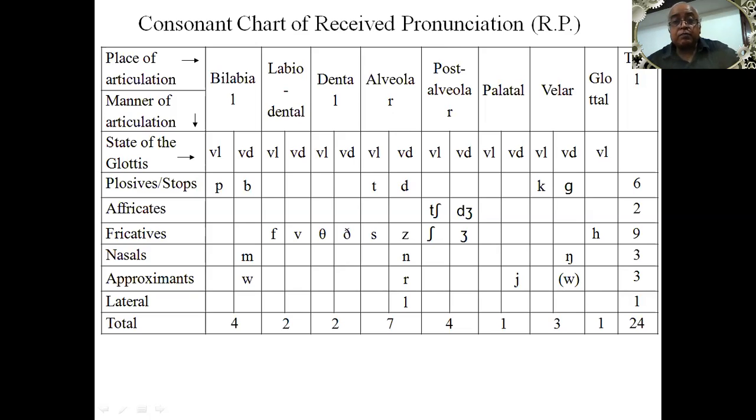Post means backside, so back of the alveolar, and then it is a fricative, meaning there is a stricture of close approximation, or there is a narrowing, and when the air passes through that narrow space, we get a lot of friction. Sure.